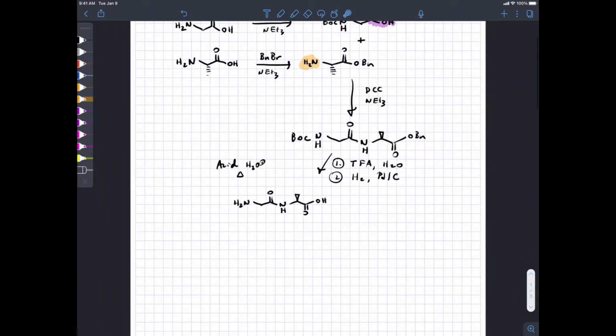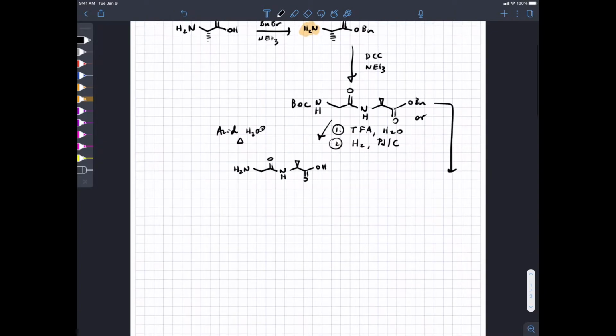So, for example, if we wanted to add on another amino acid, what we would first do is, depending on which end of the molecule we wanted to add it, if we wanted to add it at the C terminus, we would deprotect the C terminus of our peptide.